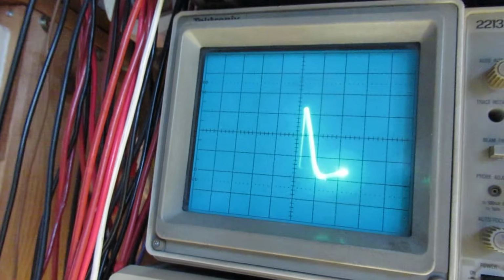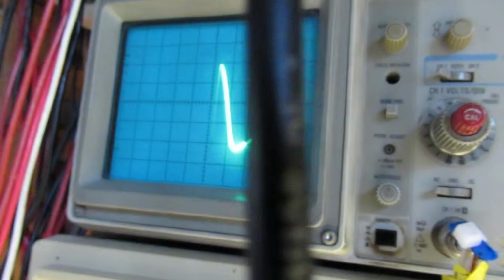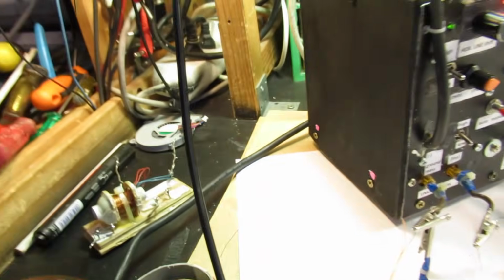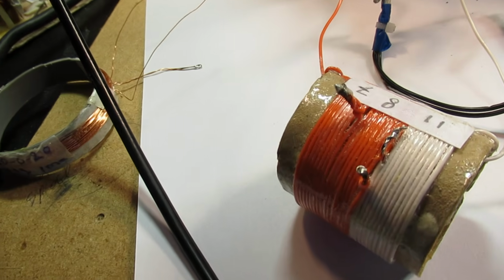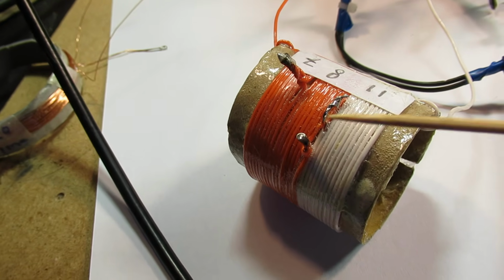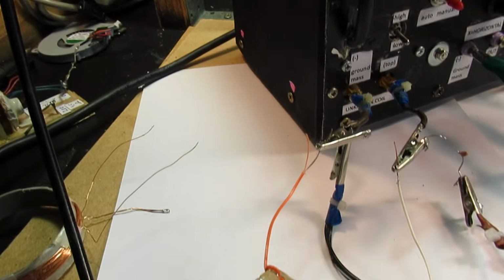You can change the frequency, by the way, here. What's the frequency where it's working at its utmost? That is 1.5 megahertz. I had not expected that, by the way, but that is the pure idea of the whole circuit, that you can test such a coil on its real frequency where it works at its best.